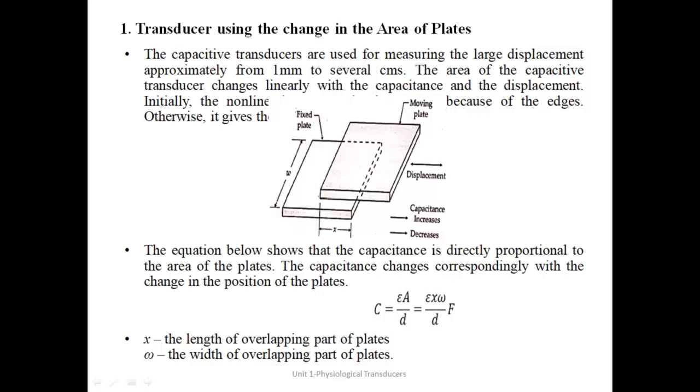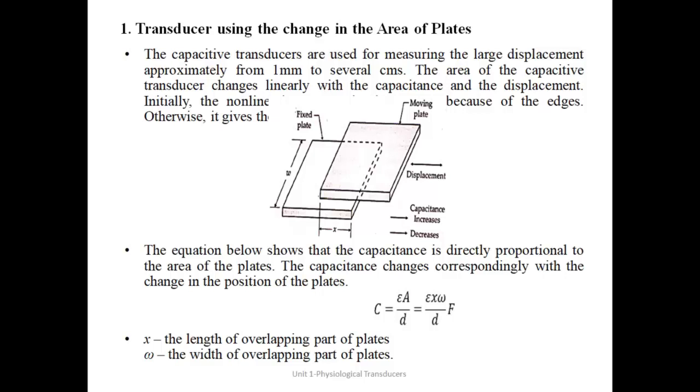This relationship between area and capacitance is linear because the dielectric in between is constant, so epsilon r and epsilon naught become constant values. So the capacitance varies linearly with the overlapping distance. There is a linear relationship between the two.